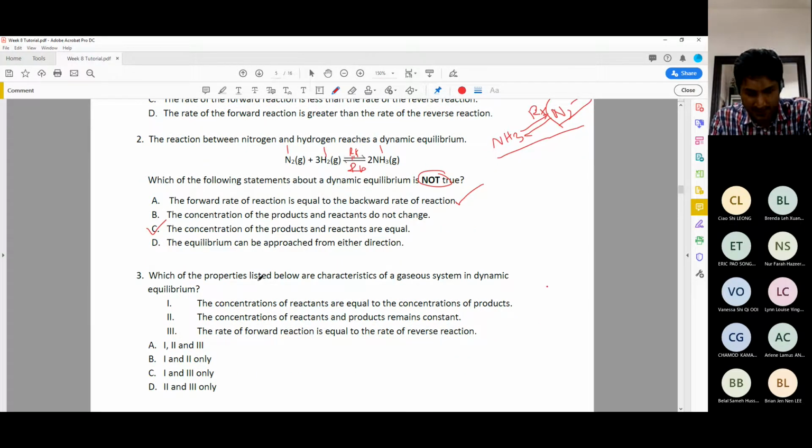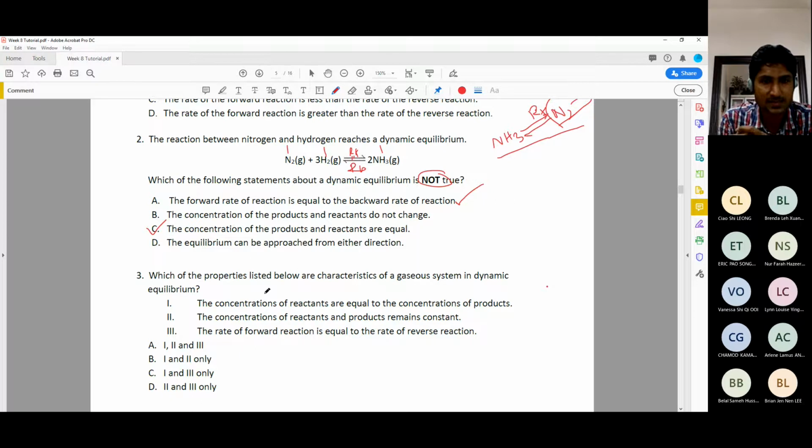Question number 3 says, which of the properties listed below are characteristics of a gaseous system in dynamic equilibrium? There are 3 options. The concentration of reactants is equal to the concentration of product. It's not.